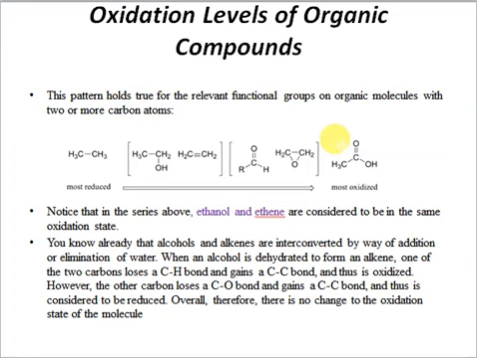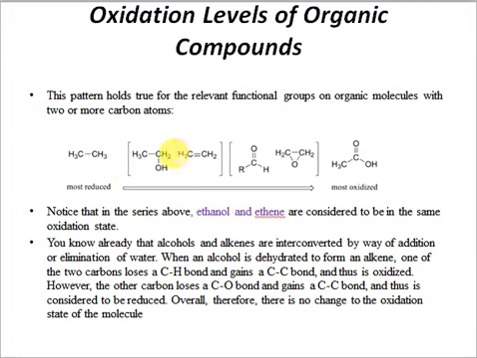Overall, there is no change in oxidation state, so you cannot simply carry out an oxidation or a reduction. It is very easy to convert one functional group to another, because if a reagent adds to an alkene, part of the reagent oxidizes one carbon and the other carbon gets reduced. Similarly, if you treat the alcohol with a reagent, part of the reagent oxidizes the alcohol and the other part reduces it as well. So overall there is no change in oxidation state of these molecules, and you can simply interconvert them.